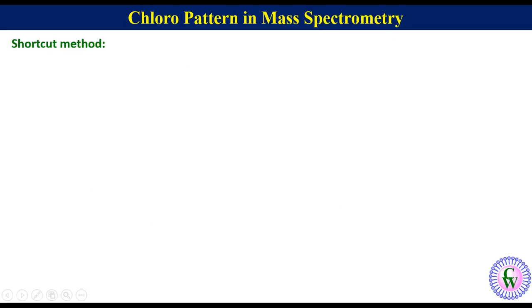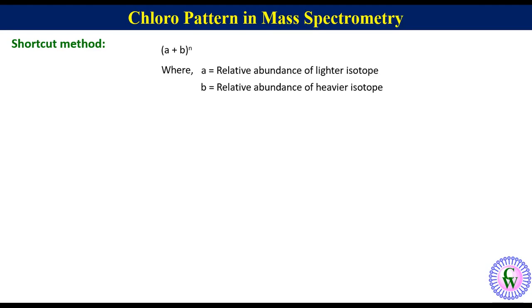Now we will discuss a shortcut method to find the chloro pattern in mass spectrometry. We can find the chloro pattern by the formula (A plus B) power n, where A is the relative abundance of the lighter isotope and B is the relative abundance of the heavier isotope. Let's discuss case 1 in which there is one chlorine atom in a molecule.